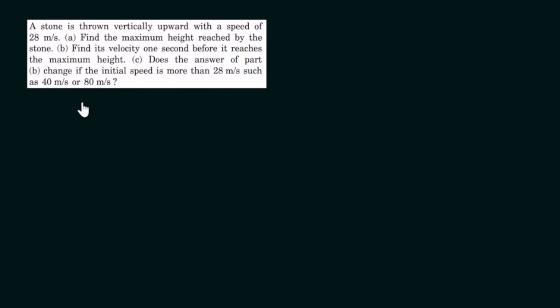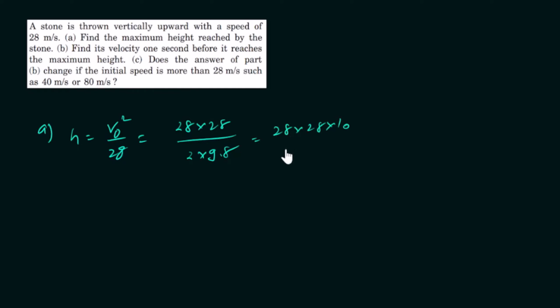Okay. So our first part is we have to find the maximum height reached. Now I can directly apply this equation, v naught squared by 2g. v naught is basically 28. So this is 28 into 28 divided by 2 into 9.8. Right, so this is 28 into 28 into 10 divided by 2 into 98.